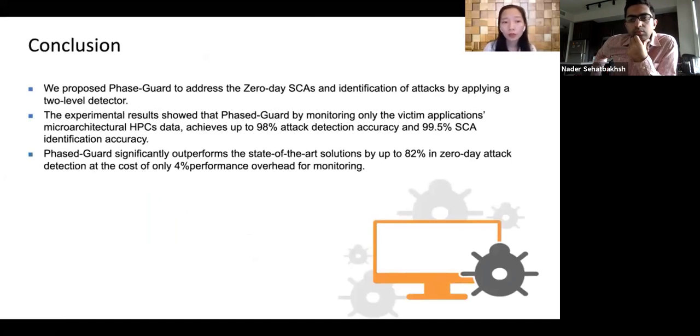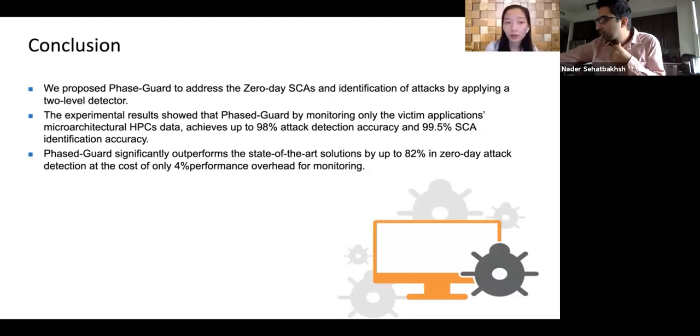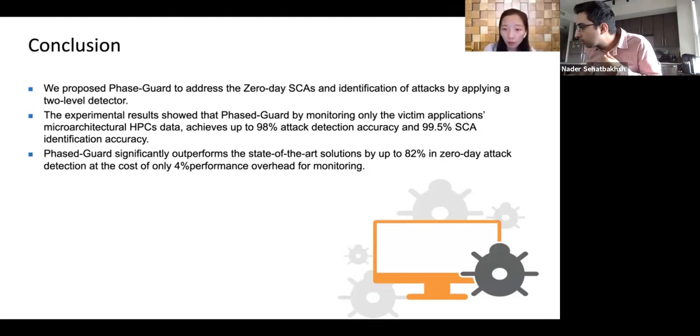And so to conclude, we propose the FaceGuard to address the 0-day attacks and identification challenges. The experiment shows that the FaceGuard achieves 98% attack detection accuracy and also about 99% identification accuracy.